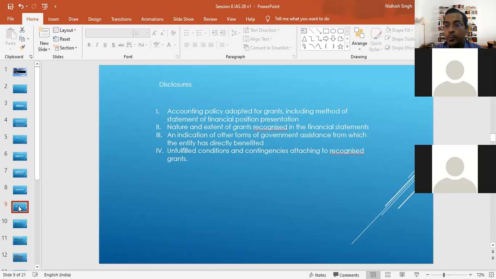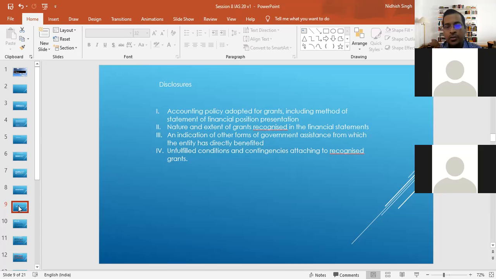Can the government recoup all of it? Then any other forms of government assistance. Anyway, if we are providing all the details, that will be covered. And the fourth point we have also covered: unfulfilled conditions and contingencies. What are the terms and conditions, and what can happen if you don't complete that? This should all be part of the disclosure.